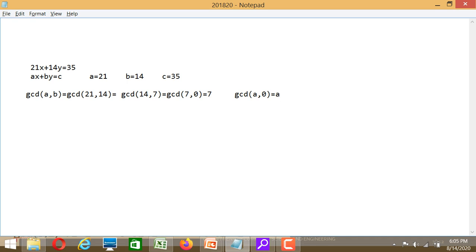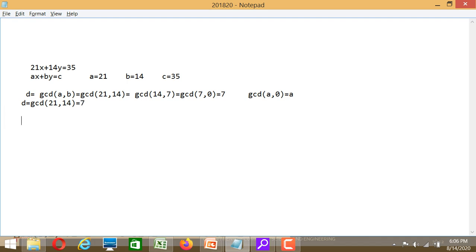Based on this formula, GCD of 7 comma 0 is equal to 7. Assume this is the d value. So finally the GCD d is equal to GCD of 21 comma 14 is equal to 7.